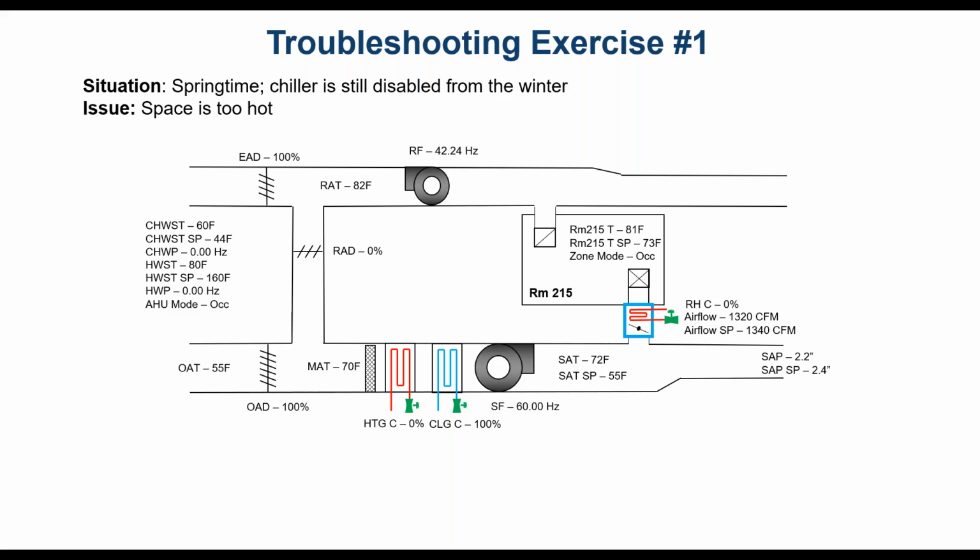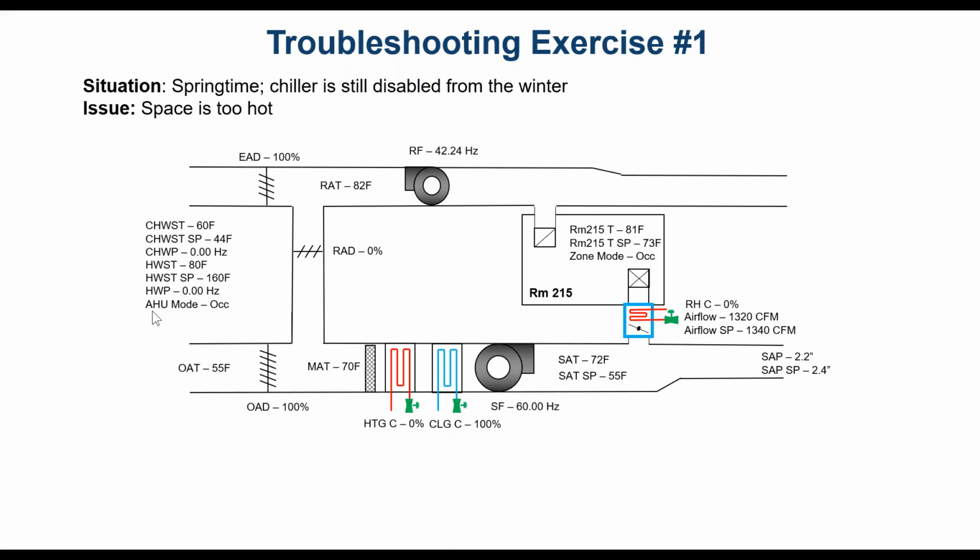So in addition to just the components, it has a bunch of other key information being displayed for you. Over here on the left-hand side, you have the chilled water supply temperature, chilled water supply temperature set point, chilled water pump speed. You have a hot water supply temperature set point, hot water pump speed, and then the mode in which the air handling unit is operating.